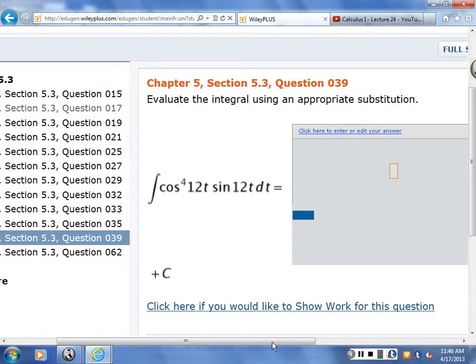Yeah, cosine of 12t, because the derivative of cosine of 12t is minus sine of 12t, right, times 12. So this sine of 12t is going to cancel. There might be a constant and a negative to deal with, but then once you get it, you have some constant times u to the 4th. The integral of u to the 4th is u to the 5th over 5, so you have to deal with that constant, and then you're straightforward.